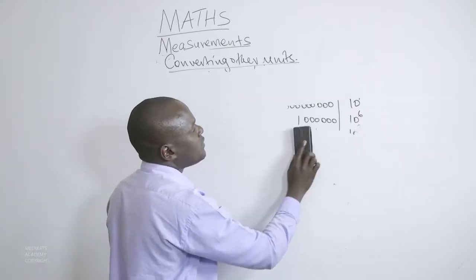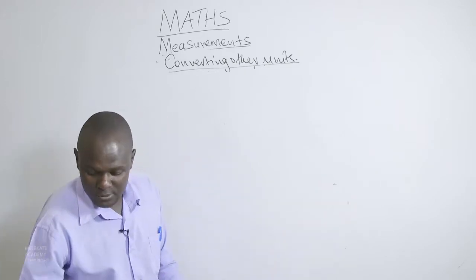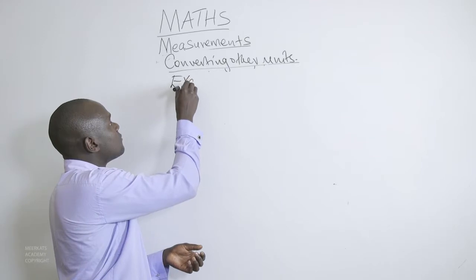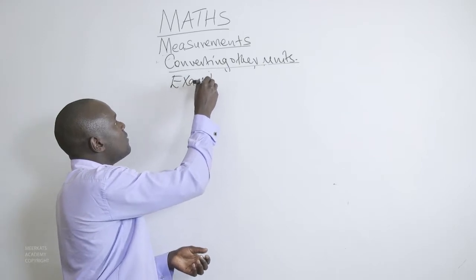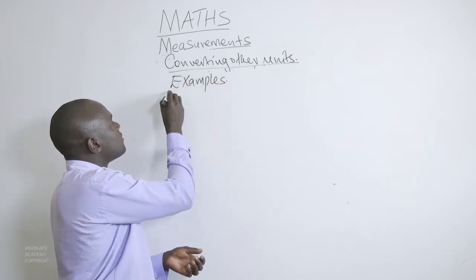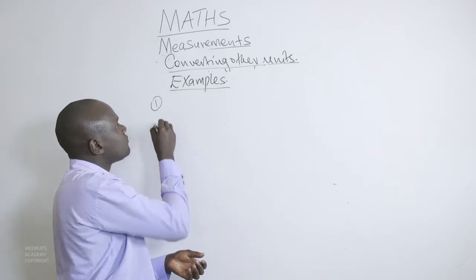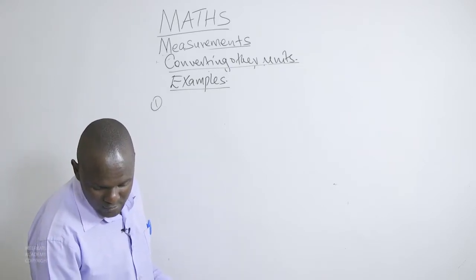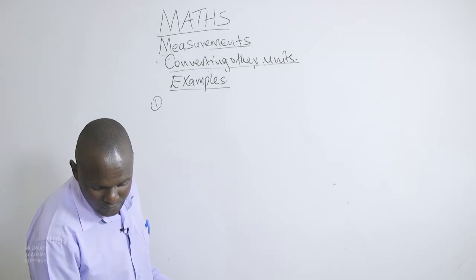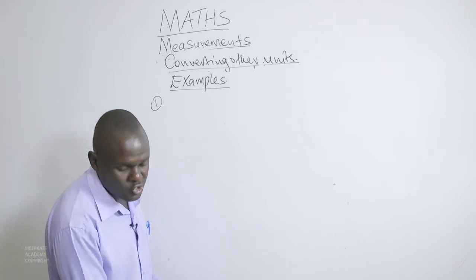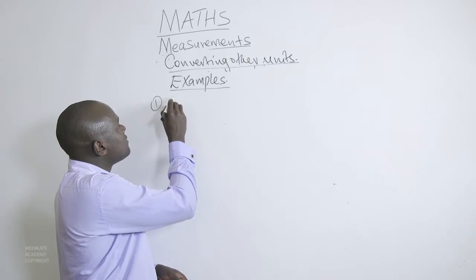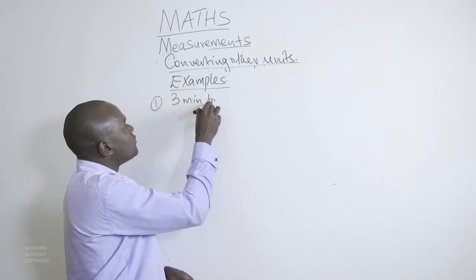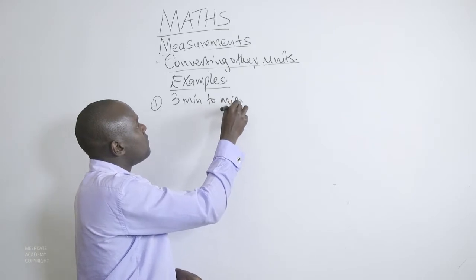So as we convert to other units, let us look at examples. Example 1: we are told to convert 3 minutes to microseconds.